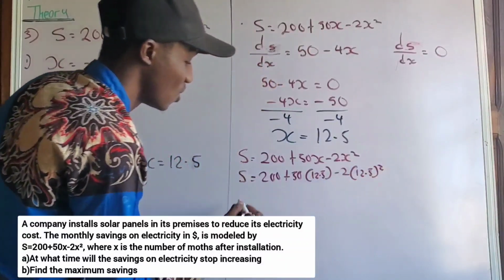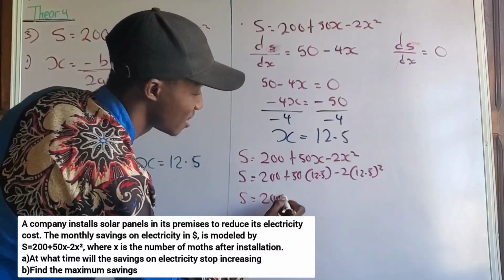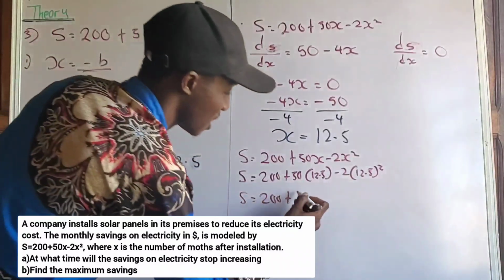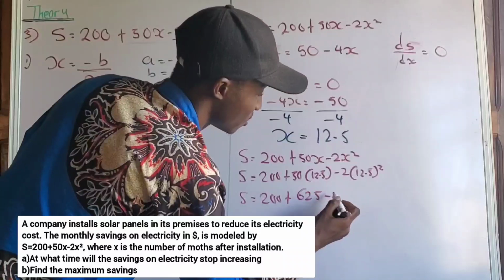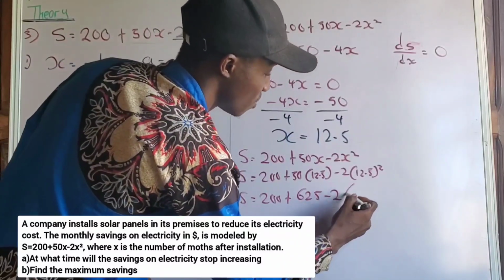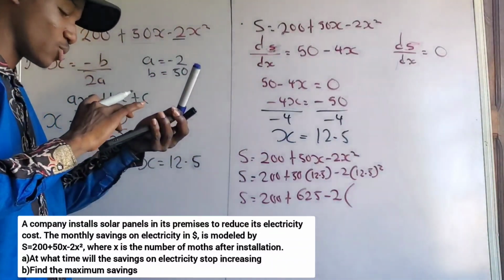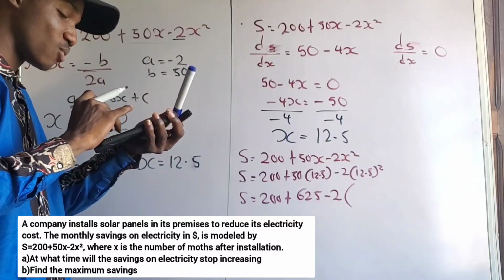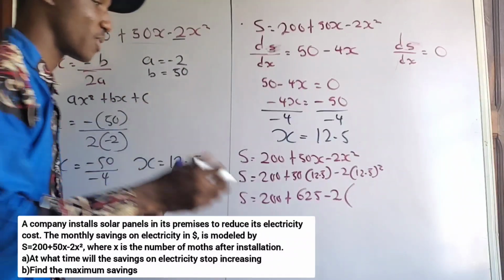Do you get it? Okay, s equals 200 plus, now 50 times 12.5, that is 625, minus 2 multiplied by 12.5 squared. 12.5 squared is 156.25.